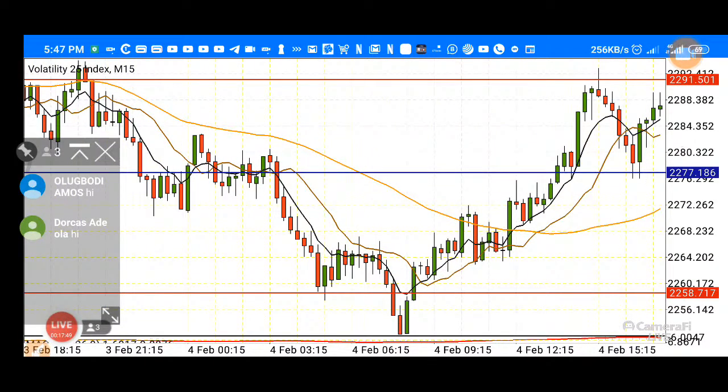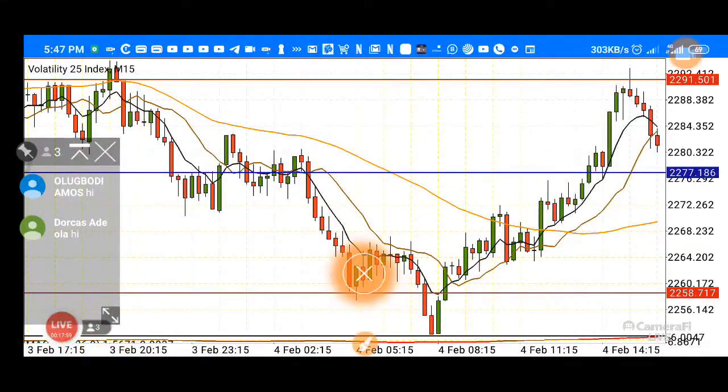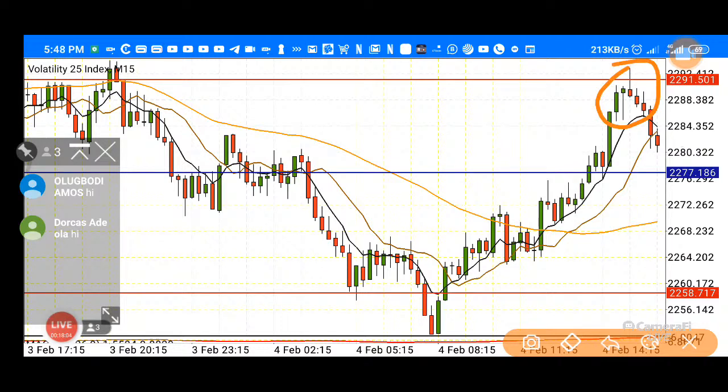If you join this with your candlestick pattern strategy, this is a good signal over here. This is a very good signal right here. You see that candle? That's a rejection candle, indicating that sellers are in control of the market, right?